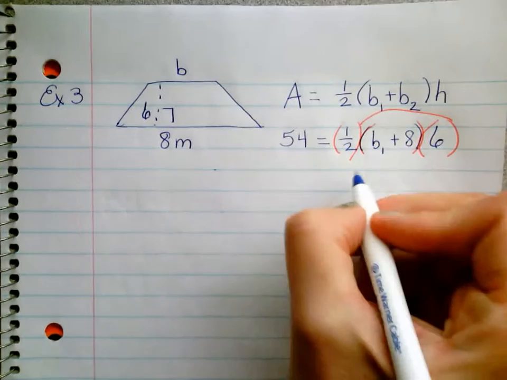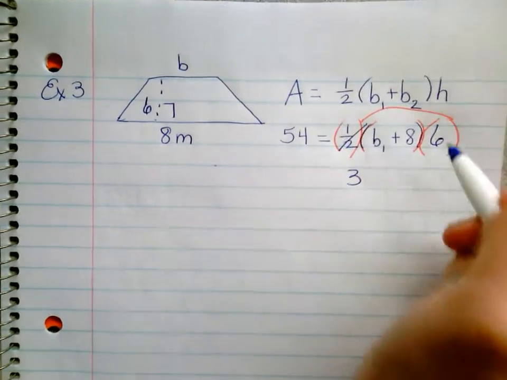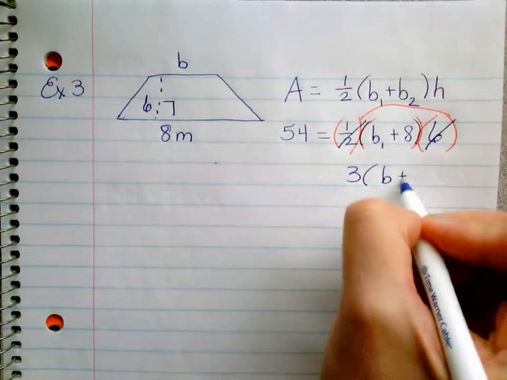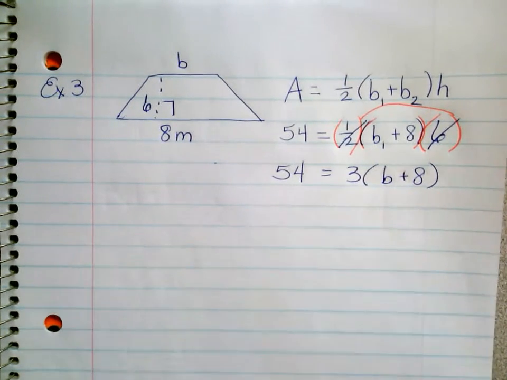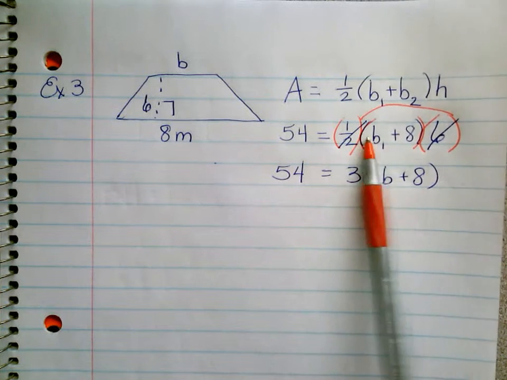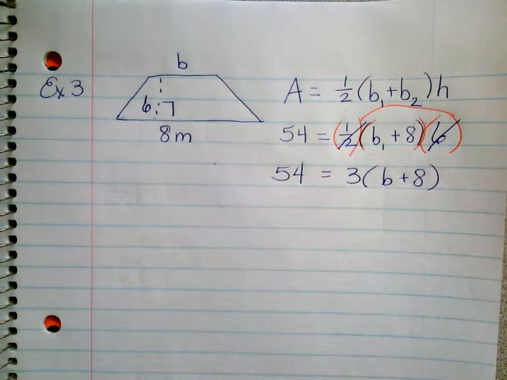Half of 6 is 3. So 3 times b plus 8 now is 54. I cannot really figure out what half of this sum is because I don't have all the information, but I certainly can figure out what half of 6 is.